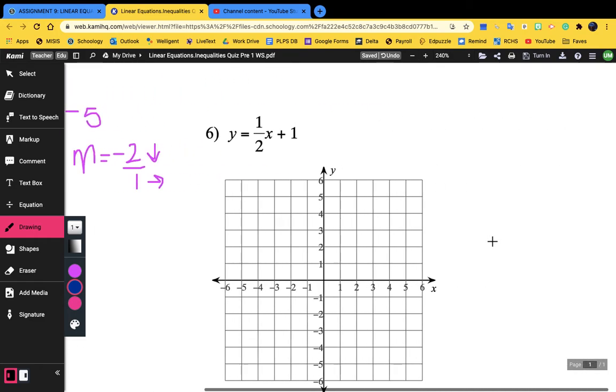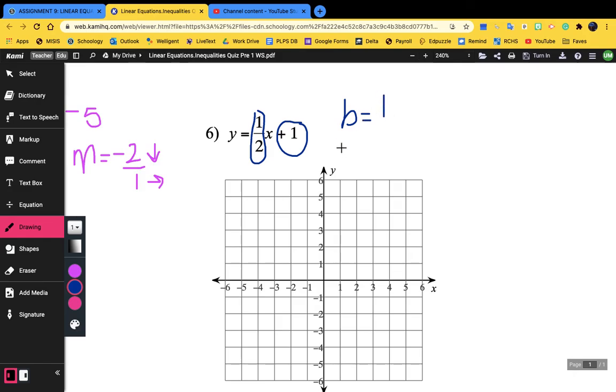Let's do number 6. Okay. So again, let us identify our slope, which is m, and our b, which is the y-intercept, right? So b is equal to positive 1, and m, our slope, is equal to 1 over 2.